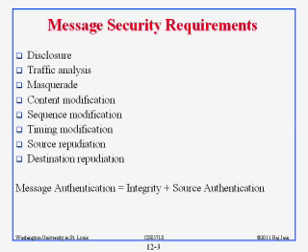Source repudiation, that this is important, is that we want to make sure that the source cannot go back on its word. So if the source sends you some message, they cannot say, well, I didn't send that message. Right? So that's where we get into signature kind of stuff. And then destination repudiation, where the destination cannot say that it was not, basically the destination was changed, something like that.